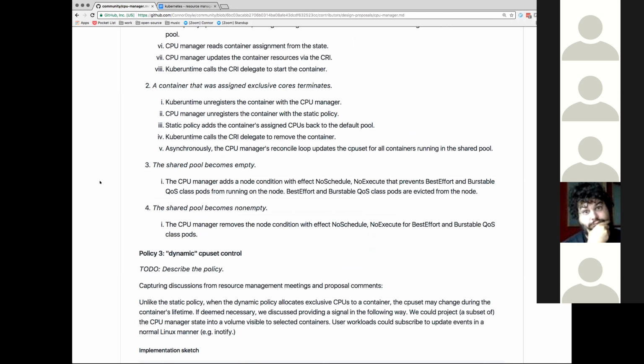And then set a node condition, CPU pressure, to indicate to the scheduler that you shouldn't assign us pods that don't have a CPU request.